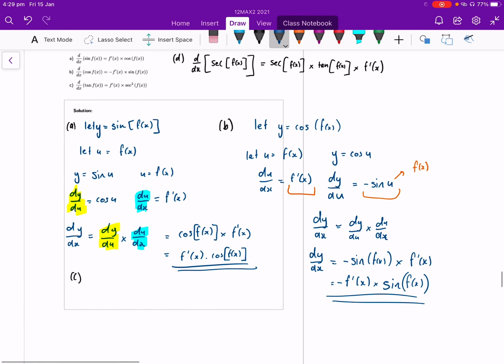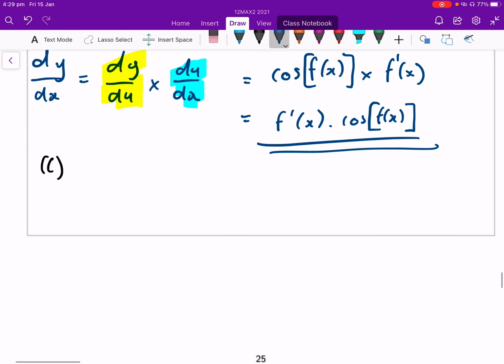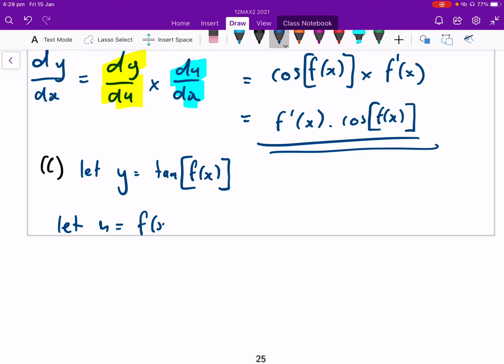One more. The last one here is tan of a function of x. So let y equal to tan and then a function of x. Here, let u equal f of x. Deriving that with respect to x gives the first derivative.